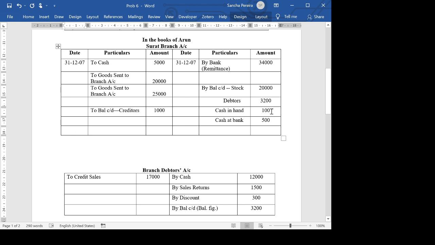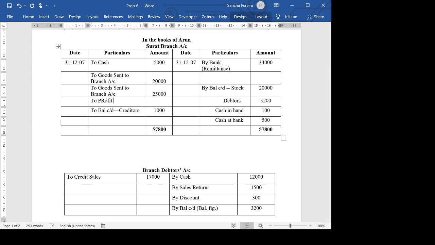So if I total this, I think there is a profit again. 34,000 plus 54, 57,800, and to profit and loss account.